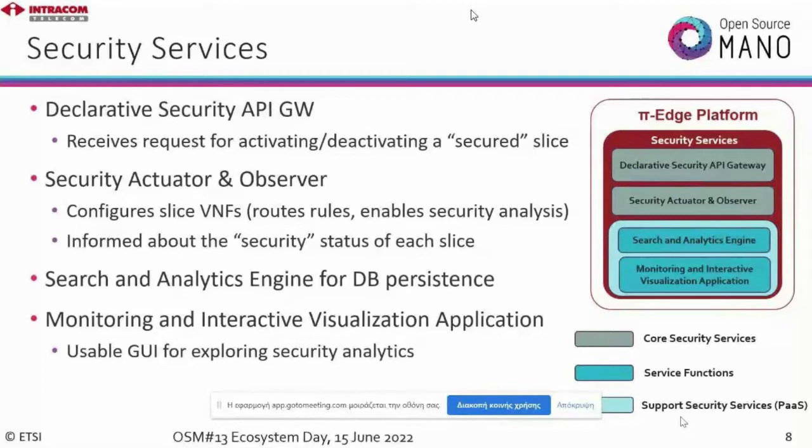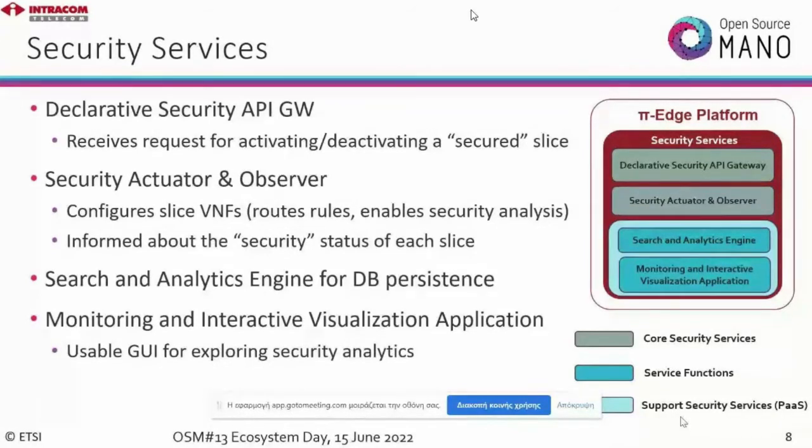The core security services are integral components of the π-Edge, and they are the declarative security API gateway that receives requests for activating or deactivating a secure slice, and a security actuator and observer that has the main capabilities to configure the slice VNF, the routing rules, or to enable the security analysis, and also to be informed about the security status of its slice.